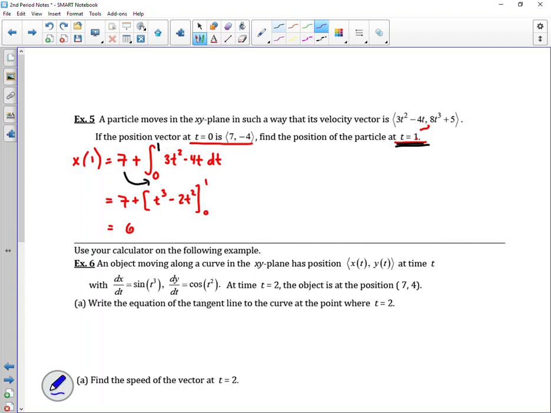And then I find y of 1. What's y of 1 going to equal? Negative 4 plus integral 0 to 1 of the y component dt. And then we finish.